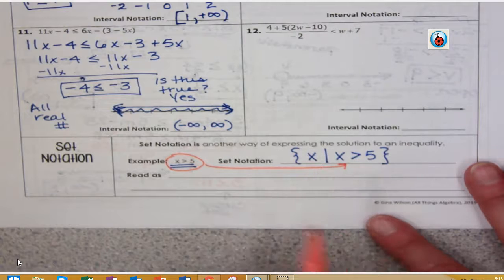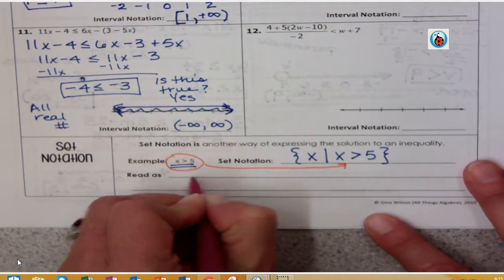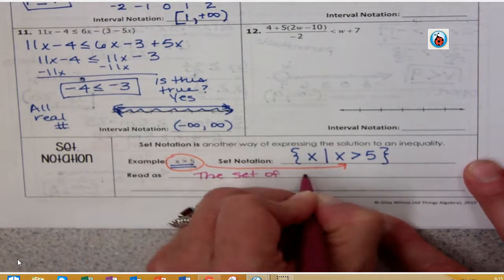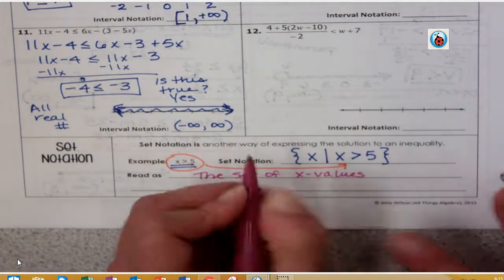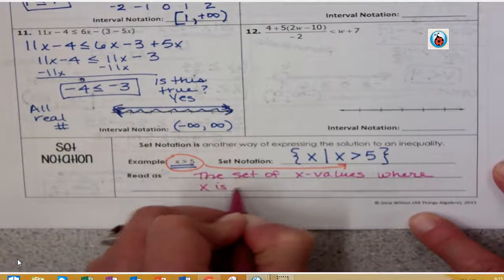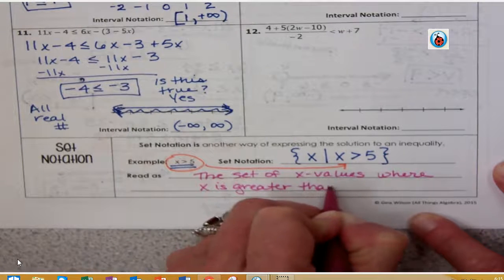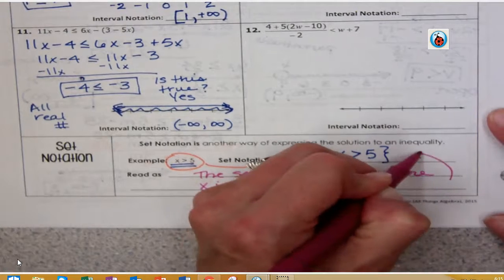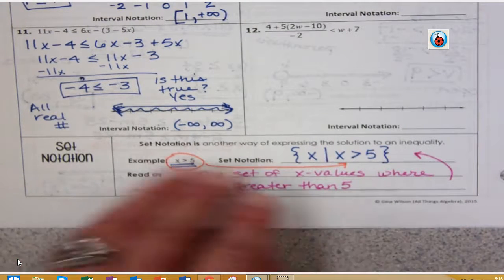And you're talking about your x's. So that actually reads as the set of x values where x is greater than 5. That's basically what this is, the picture of that in words. All right, moving on.